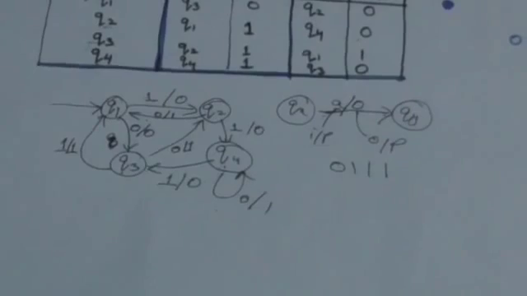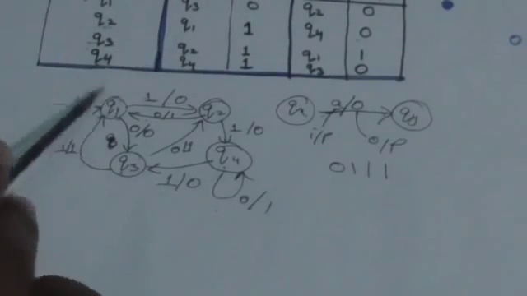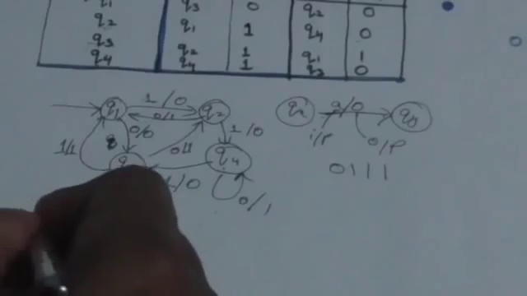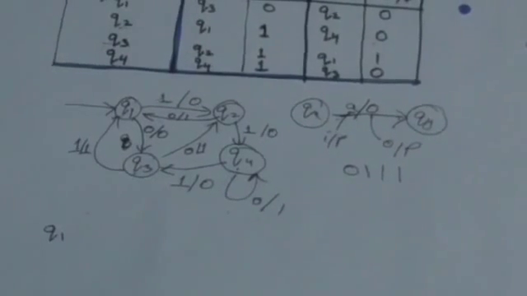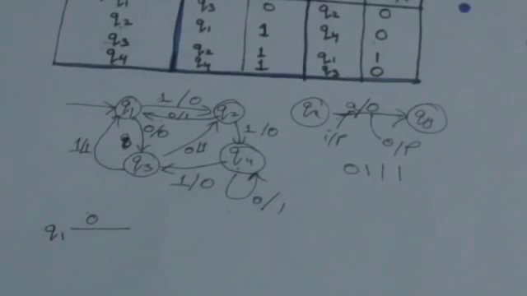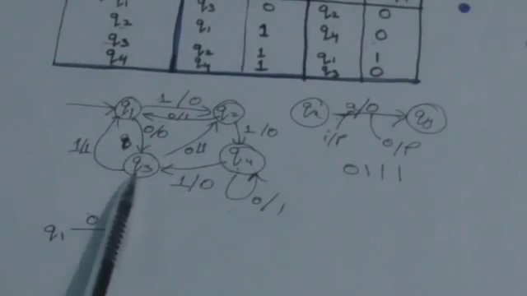Whenever it starts reading any string or any input symbol, it starts from initial state. So it starts from Q1. It reads 0. When it reads 0, it jumps to Q3 and output would also be 0.